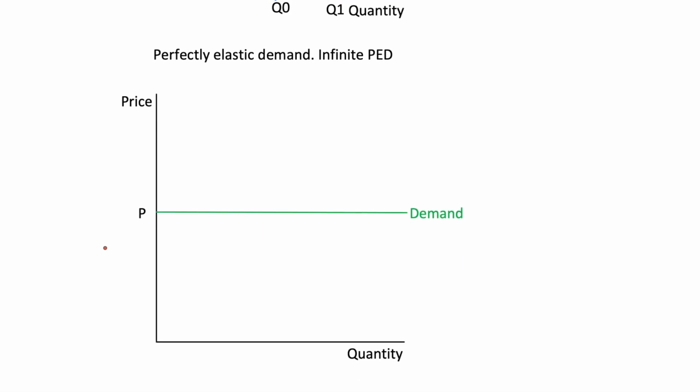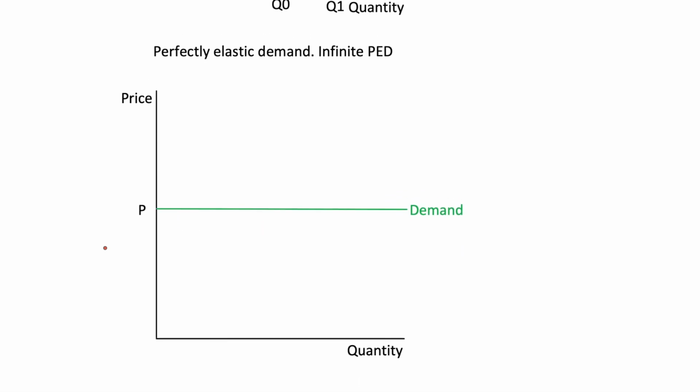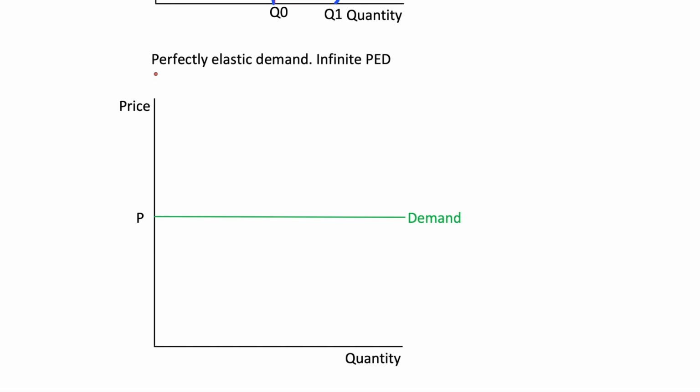Now, the final thing to look at is this special case where we have what we call perfectly elastic demand. And as we said, as we increase our price elasticity of demand, we get more elastic. And so if we keep increasing this and increasing it, the highest price elasticity of demand we can possibly have is an infinite price elasticity of demand.